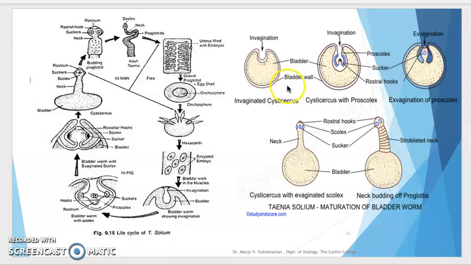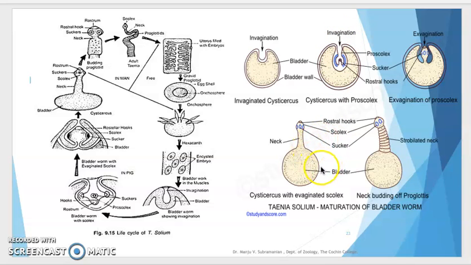This is a diagram of an invaginated cysticercus. Then this picture is a cysticercus with the proglottis. Then evagination of the proglottis takes place. That is, from this invagination the scolex turns again into the upright position.